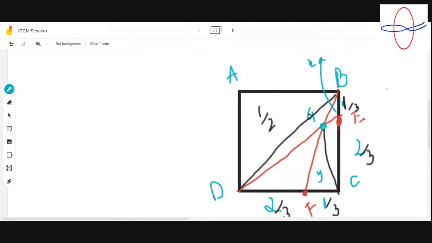Where is E? It's simple, right? If it's X, then it must be 2X. The height is the same and the base is twice. And if it's Y, it must be twice Y, because the base is becoming twice. Are you understanding, guys? Perfect.